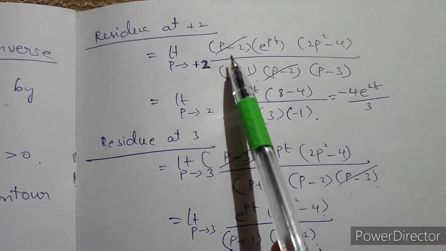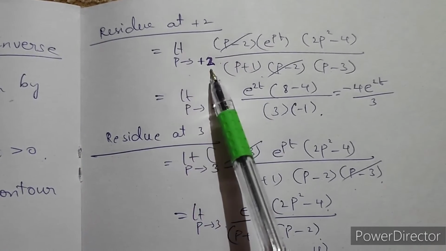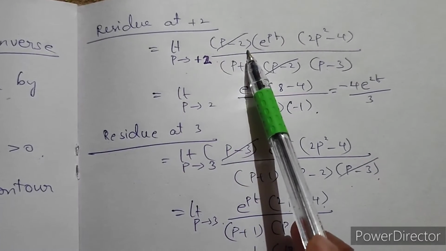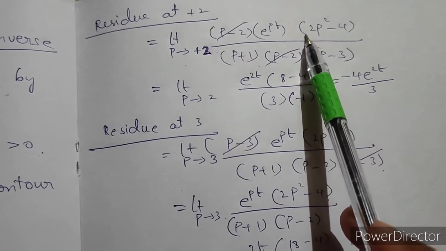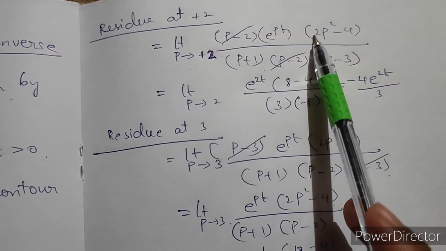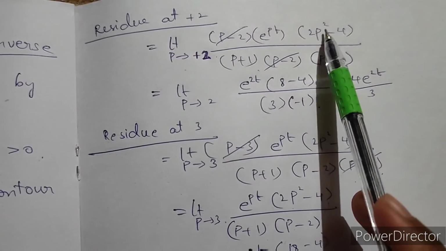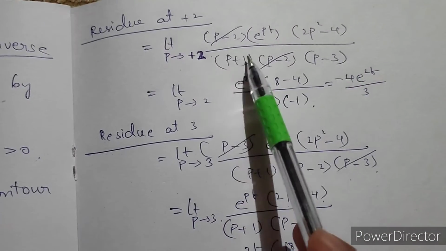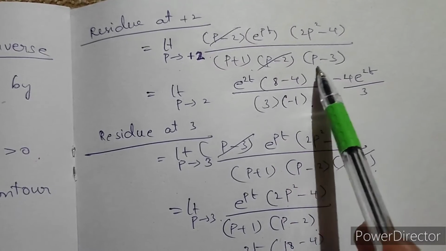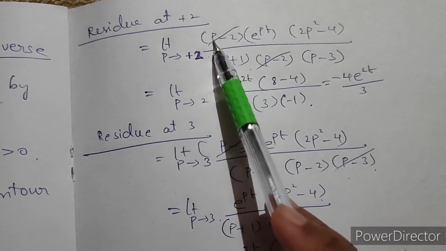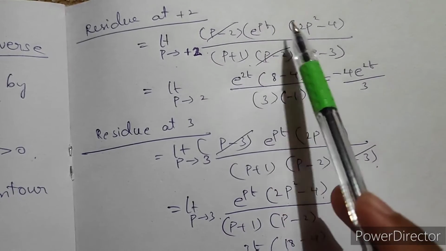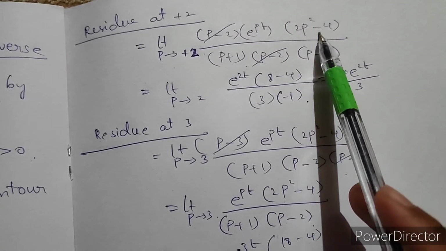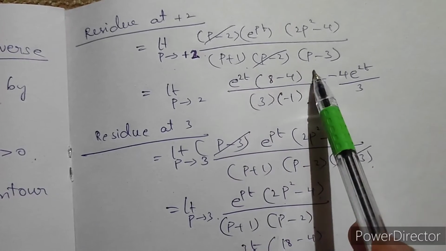For the residue at 2, we take limit p tends to 2. Again we take p minus 2 in the numerator with e power pt and f bar of p, that is p minus 2 into e power pt into 2p square minus 4 divided by p plus 1 into p minus 2 into p minus 3. Now p minus 2 gets cancelled, so we remain with e power pt into 2p square minus 4 divided by p plus 1 into p minus 3.